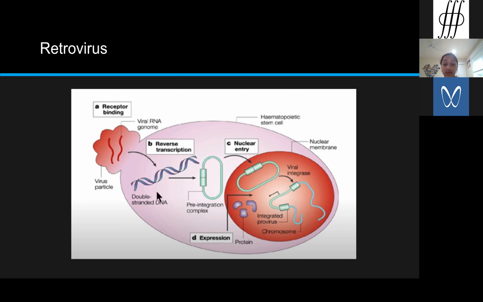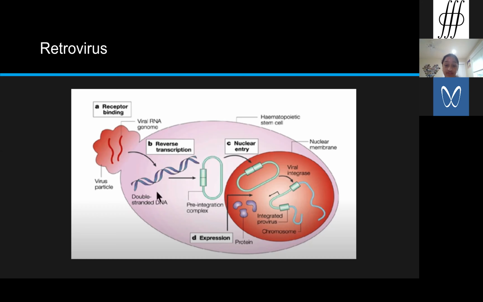So this is really mostly targeted towards dividing cells because it is directly integrating into the genome. And so through cell division, right, it's easy for reaching multiple cells quickly. So that's a really good advantage, right? Because it's easy for the cells to contain new genes because of cell division.